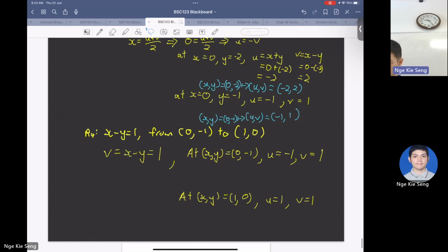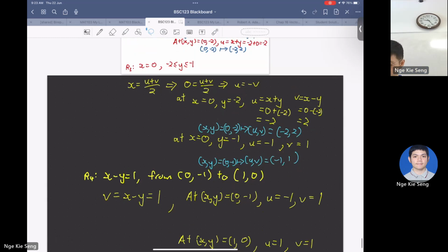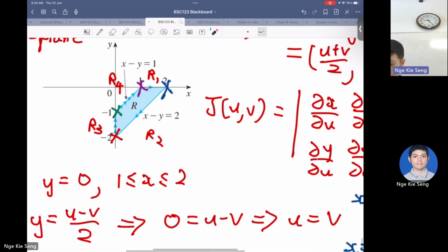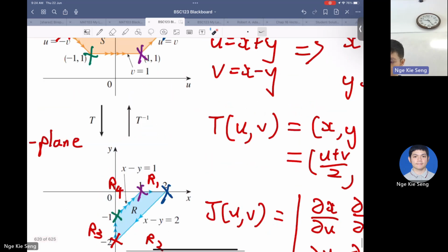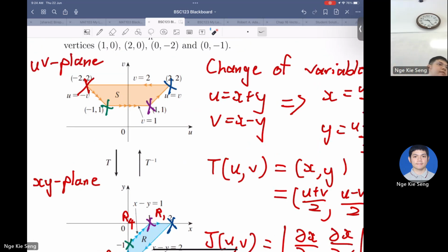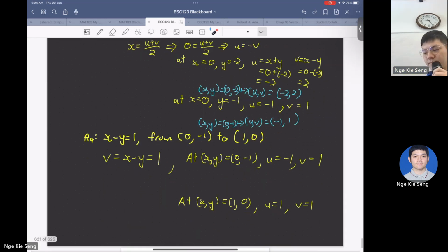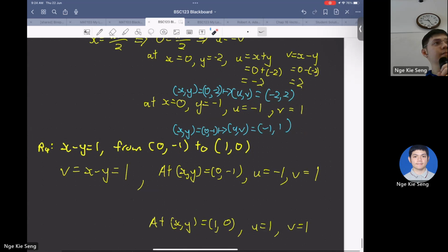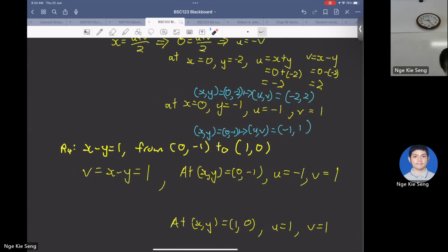Okay, so let's check again. Where is R4? R4 is this part here. It gets sent to v equals 1, and the two endpoints are (minus 1, 1) and (1, 1). So altogether you will get another trapezoidal region in the uv plane, the bottom one.